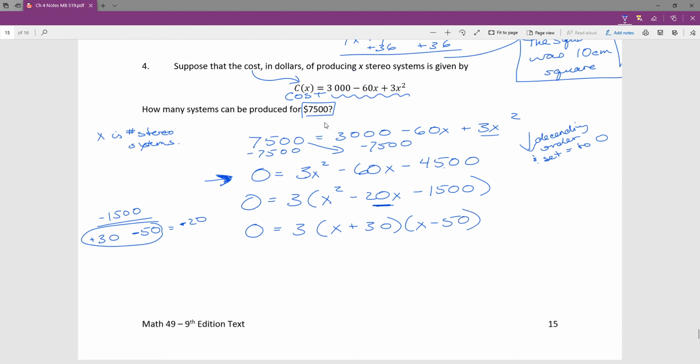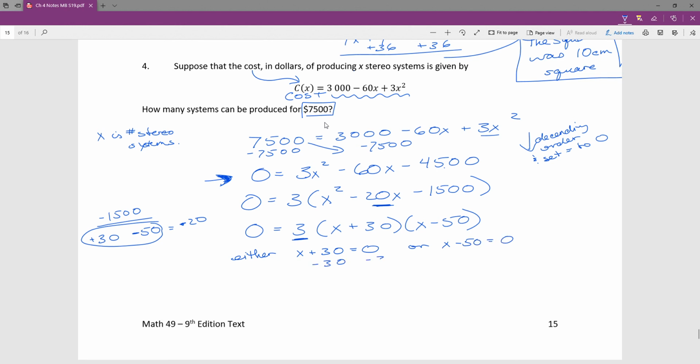Now that I have it factored, I can apply the zero product principle. The 3 doesn't have an x part of it, so it needs to be in there to preserve the value, but it's not going to be part of my solving for x. So either x plus 30 equals 0 or x minus 50 equals 0.